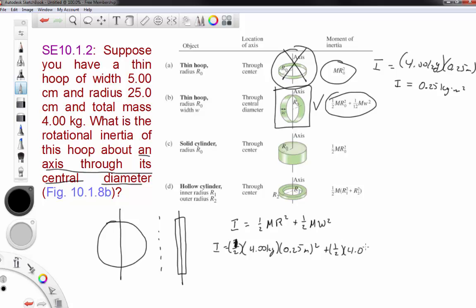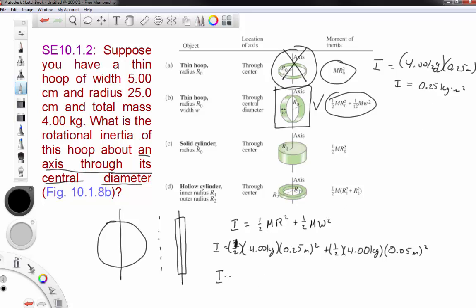So another 1/2 times 4 kilograms times the width squared. So the width is 5 centimeters, so that's 0.05 meters squared. And I misspoke a second ago. I said that this part would be equal to this part. It's actually half of this part.